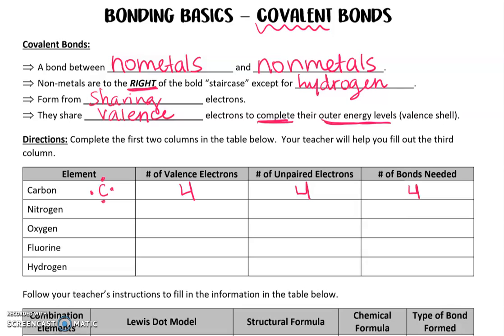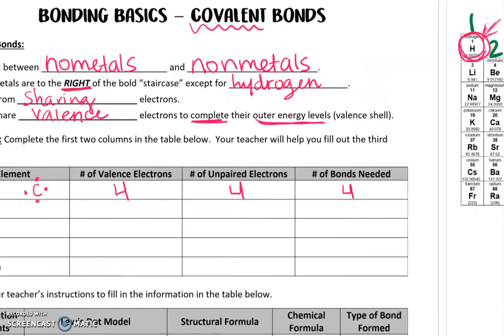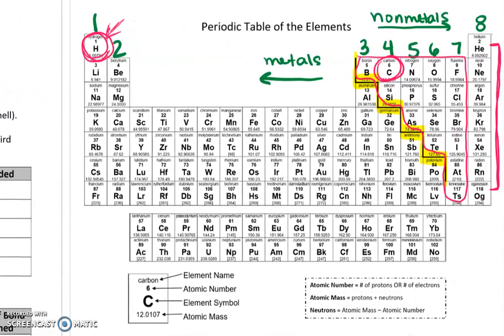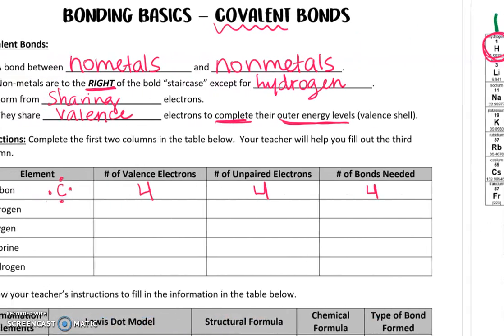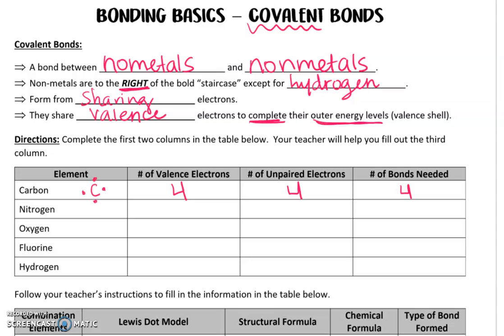Now we're going to move on to nitrogen. Nitrogen is right next door to carbon in group 5, which means that nitrogen, when you draw its Lewis structure, would look like this. And it has 5 valence electrons and 3 unpaired electrons.